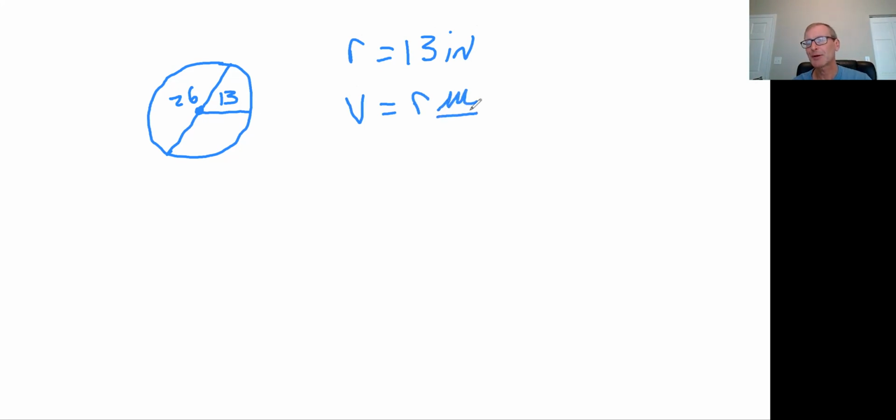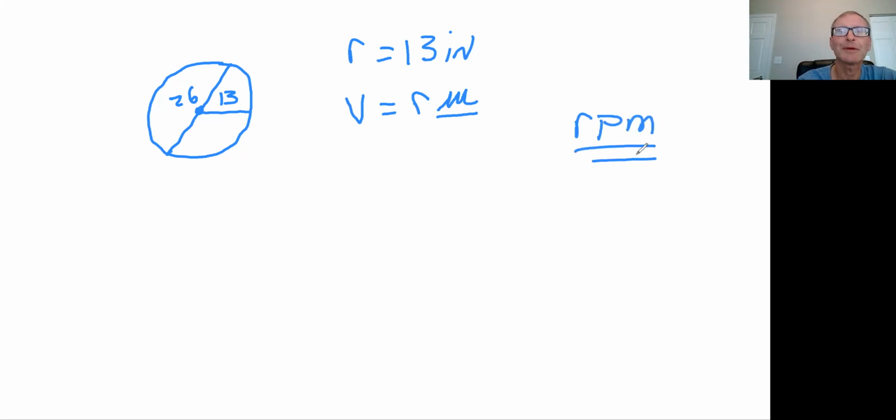So if you think about it, one way that a speedometer could actually work in your car is they could measure how fast your wheels are turning. So what does revolutions per minute mean?